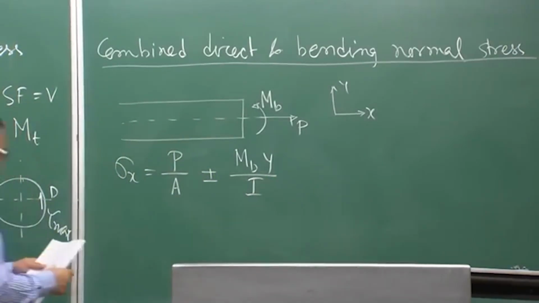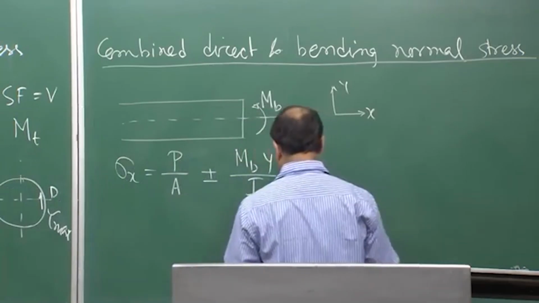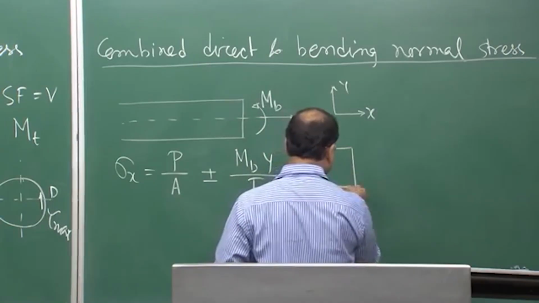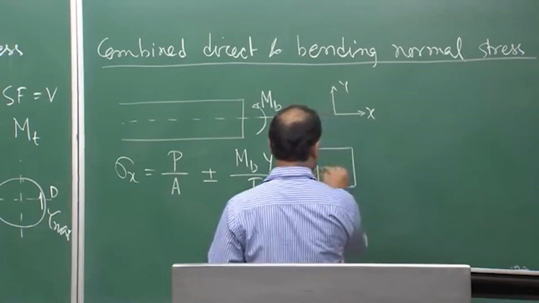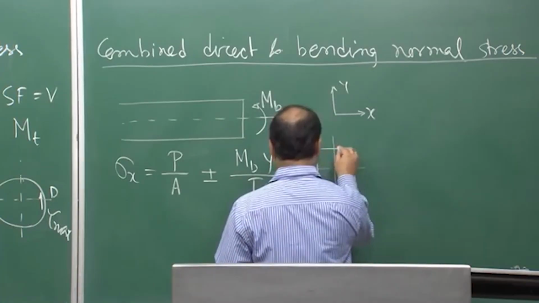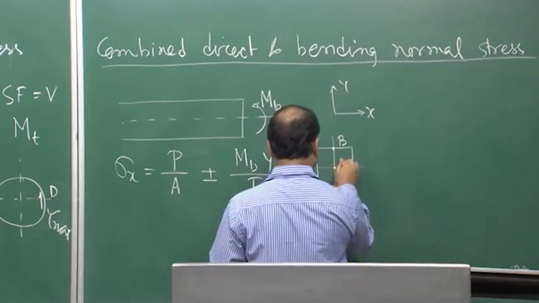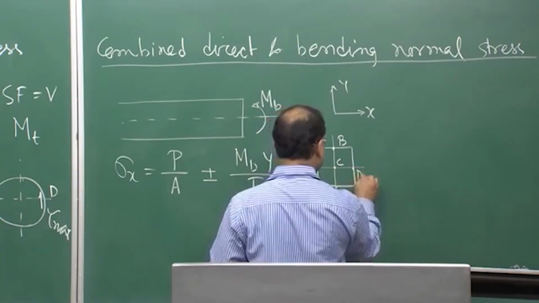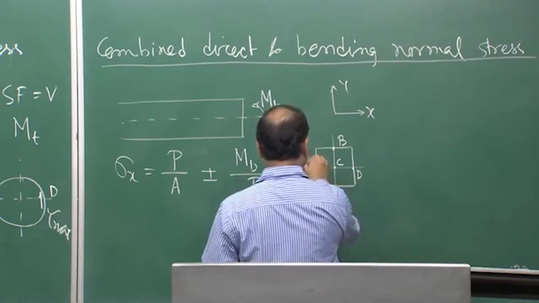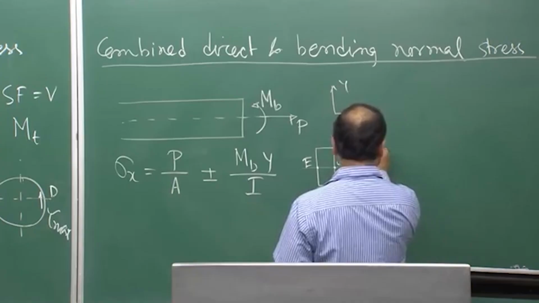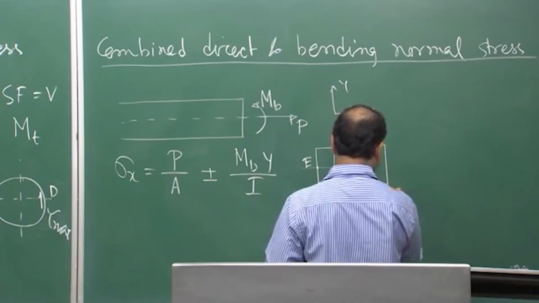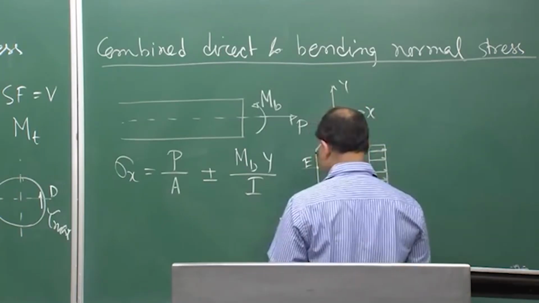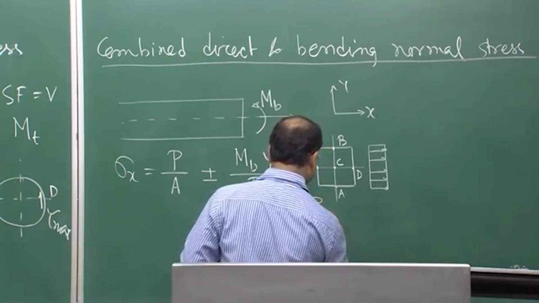Okay. So, if you try to draw the distribution, this is your cross section, say point B, C, A, D, E. For that your stress distribution is always positive, that is tensile, for the P by A distribution.